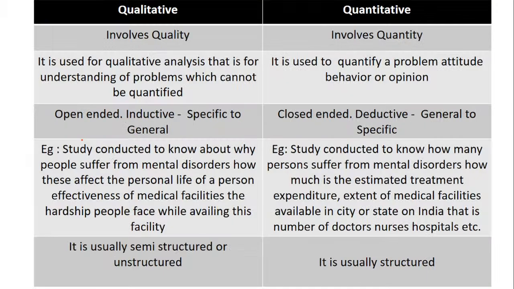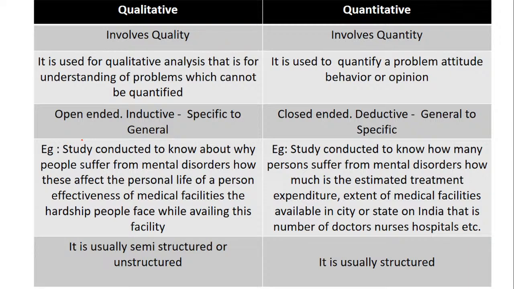Now, a very important topic, that is qualitative and quantitative research. Variables mean that based on which you are going to conduct your research. Before giving you a proper meaning or definition, I'll give you an example. Suppose you want to study the relationship between, take two variables.